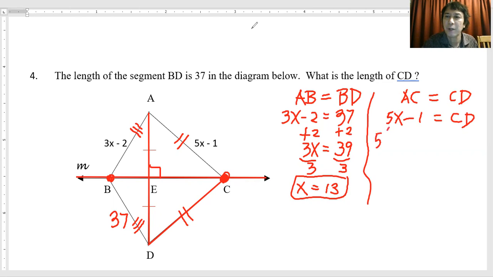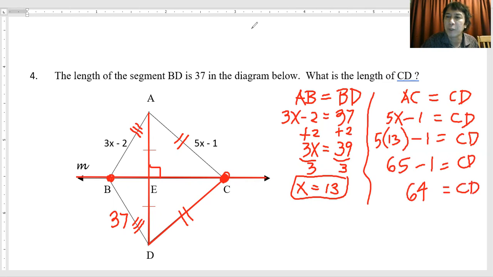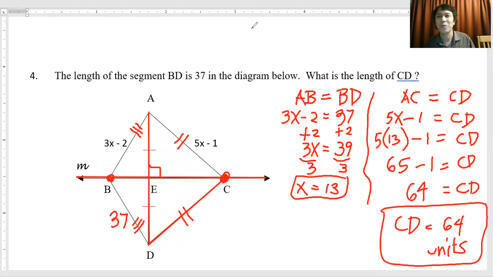So we have 5 times 13 minus 1, it's the CD. And we have 65 minus 1, and CD is 64 units. Properly written, CD equals 64 units. So we have the answer. That will be for our number 4.